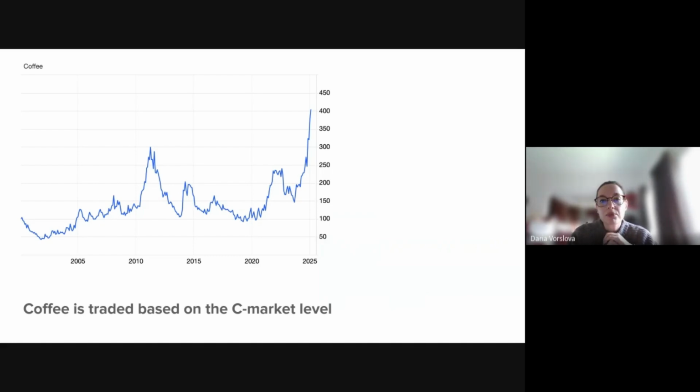So the number of coffee farmers is reducing, because if you offer many of them an alternative, doing other kind of business or even other kind of agriculture, they probably choose it because coffee is super challenging. You really need to put in a lot of effort to make a good quality, high quality product.